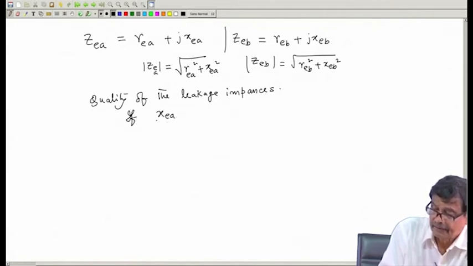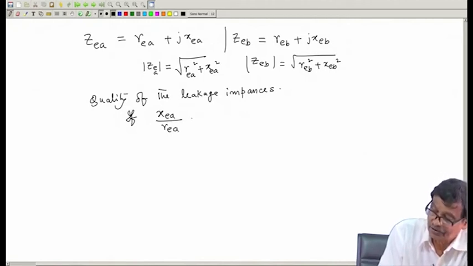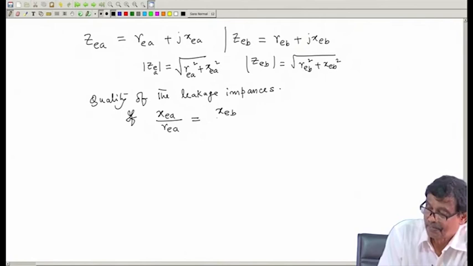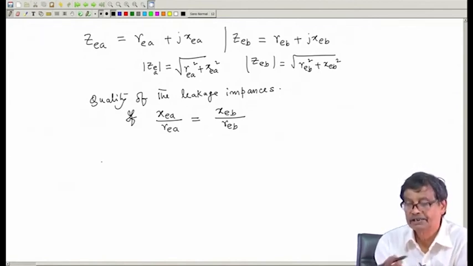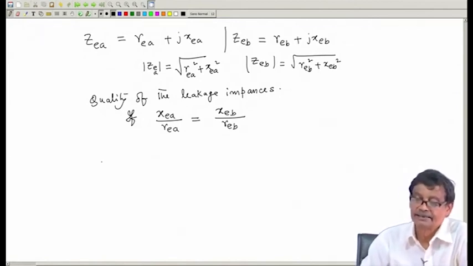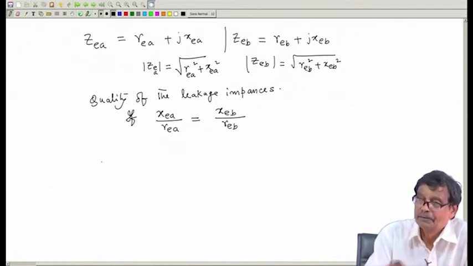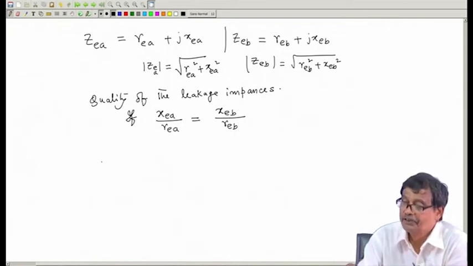The angle of these impedances is supposed to be the same. So, leakage impedance angles are the same, and magnitudes I will put in the inverse ratio.